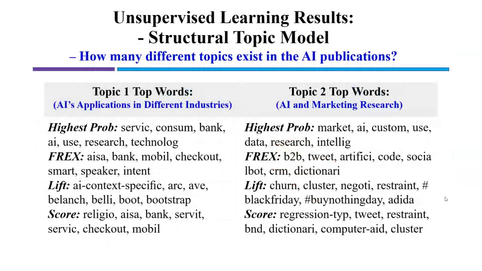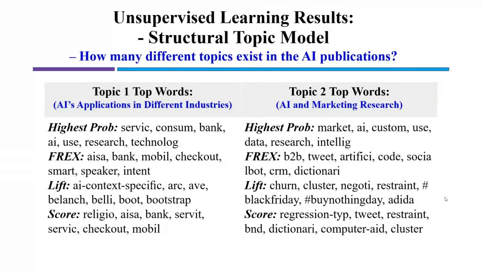Okay, so then I use the structural topic model. I have 5 minutes left. So here it is interesting. I do think these are the two topics, and it makes a little bit of sense to me.